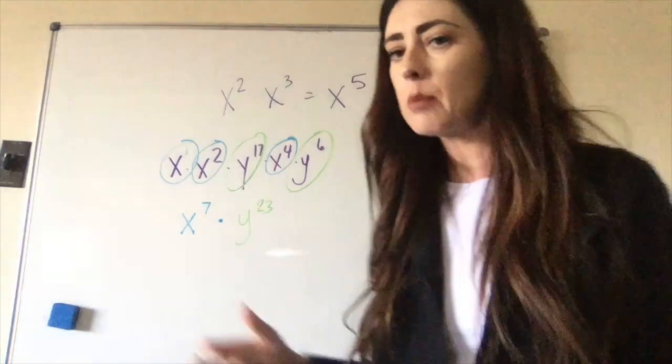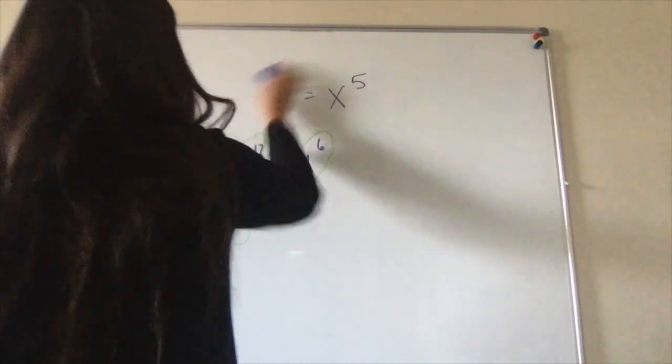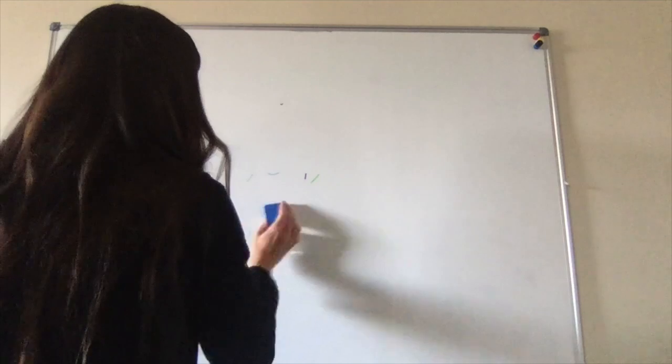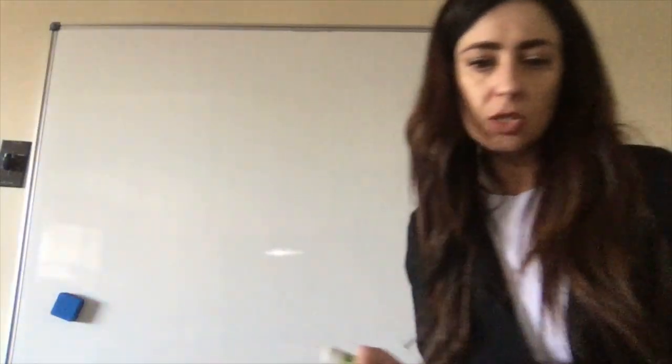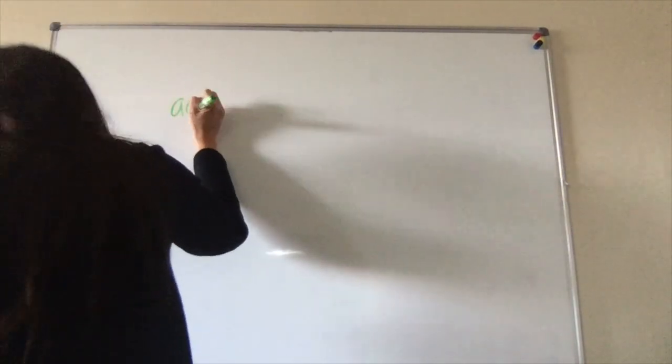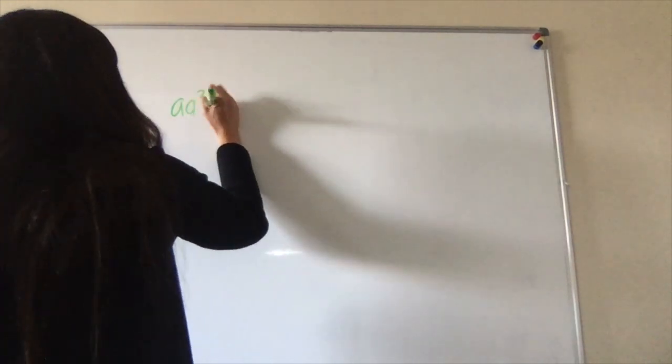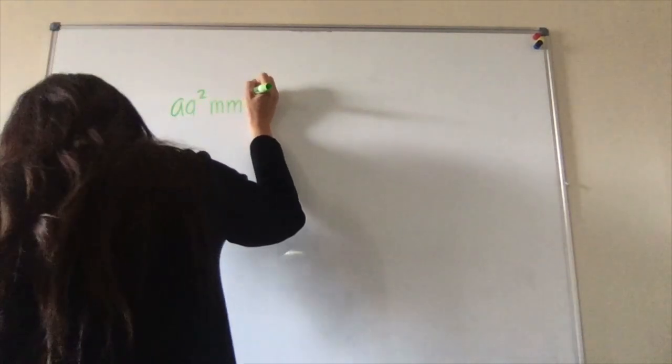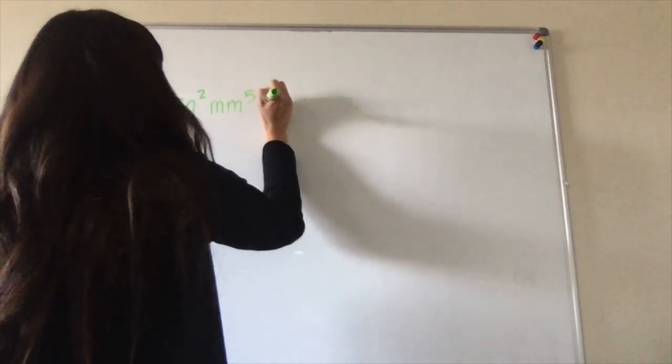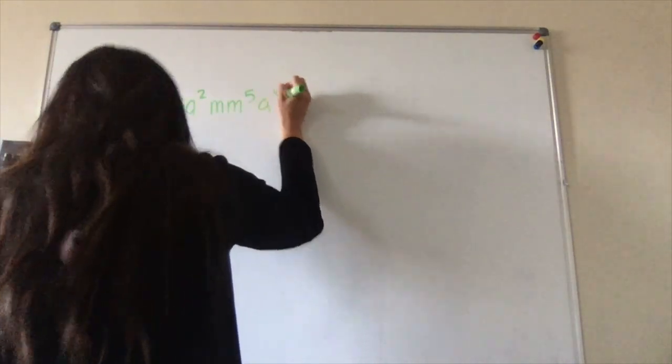And they're going to throw a lot of numbers and a lot of letters at you to try to trick you a little bit here. All right, so let's look at the next one. We have a times a squared, m times m to the fifth, a to the fourth, and m to the sixth, okay?